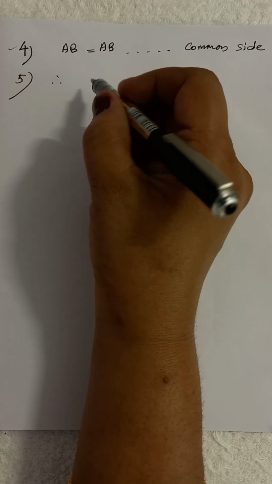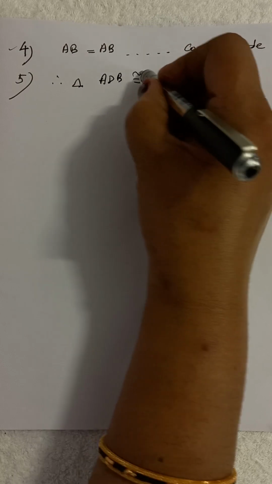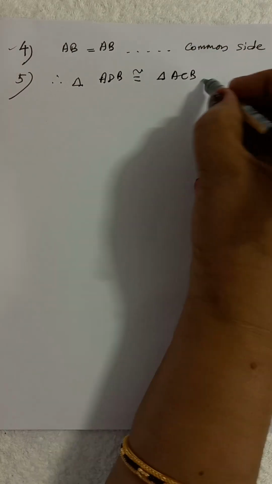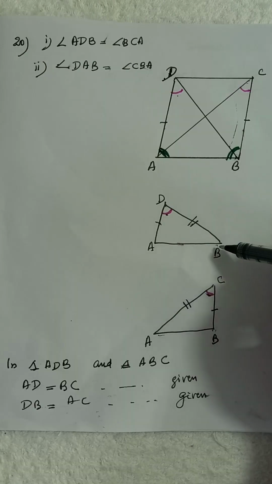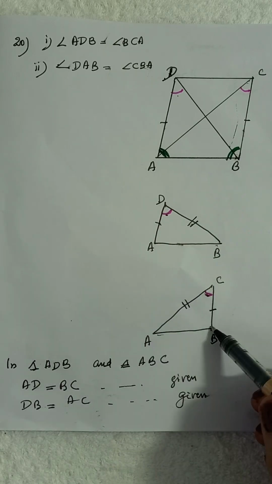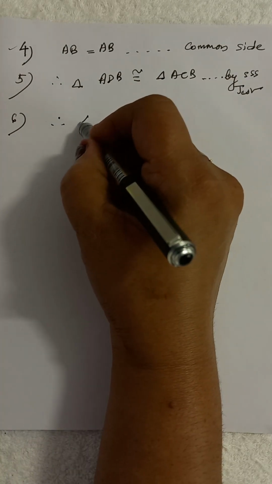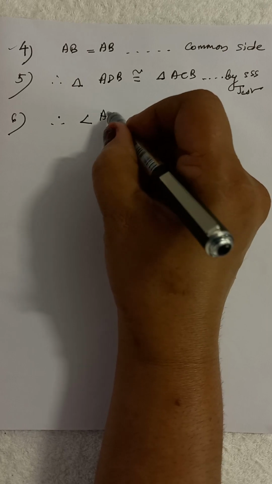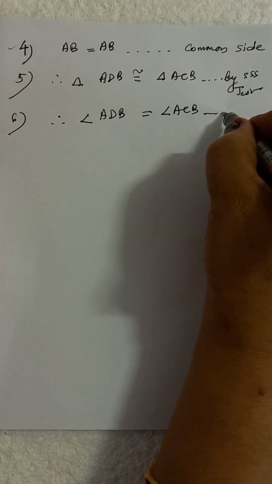Therefore, triangle ADB is congruent to triangle ACB by SSS test. Now sixth point, angle ADB is equal to angle ACB by CPCTC. So we can write, therefore angle ADB is equal to angle ACB by CPCTC.